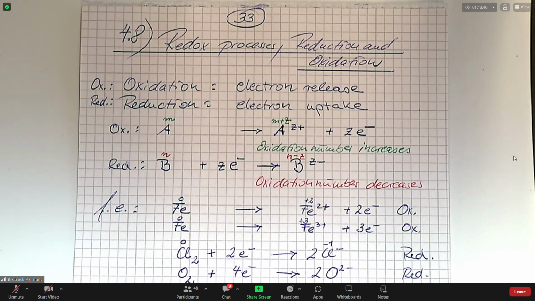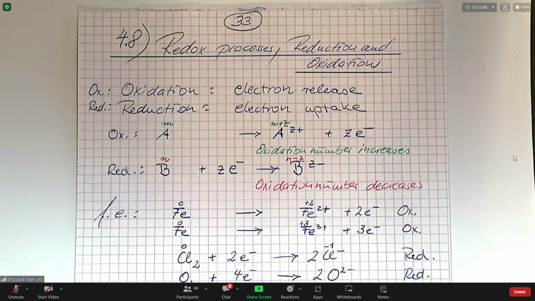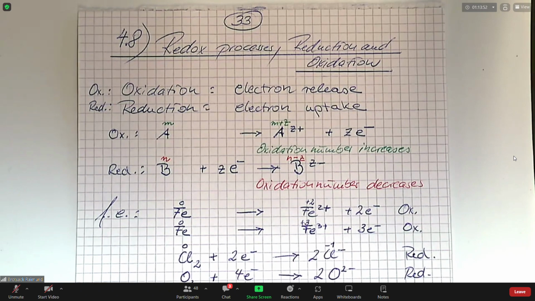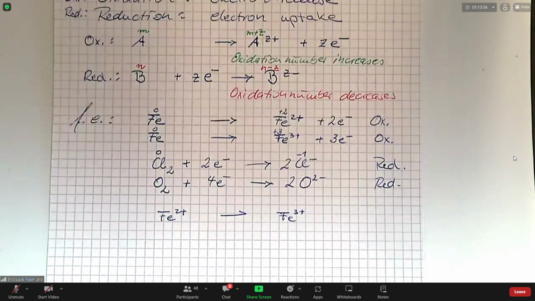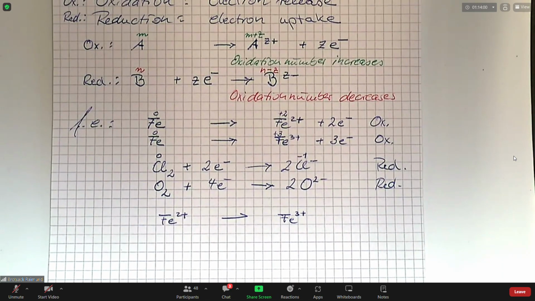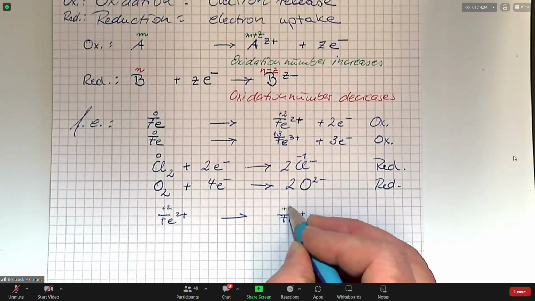We can even have a look at the balance of iron 2+ to iron 3+. When we read it from the left to the right, what is it? We come from 2+ to 3+.